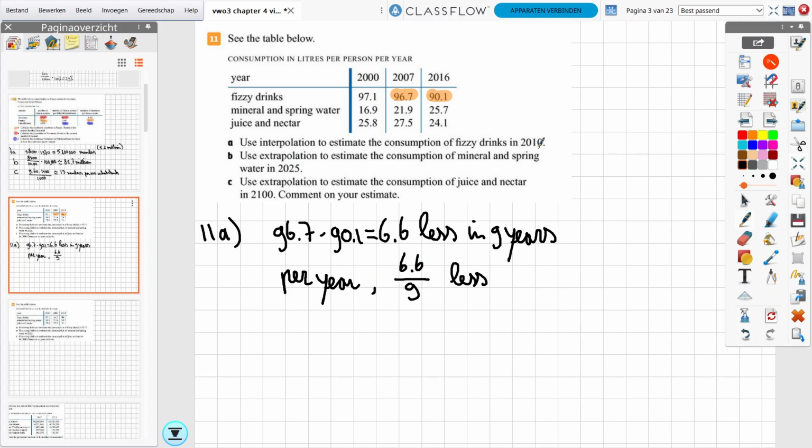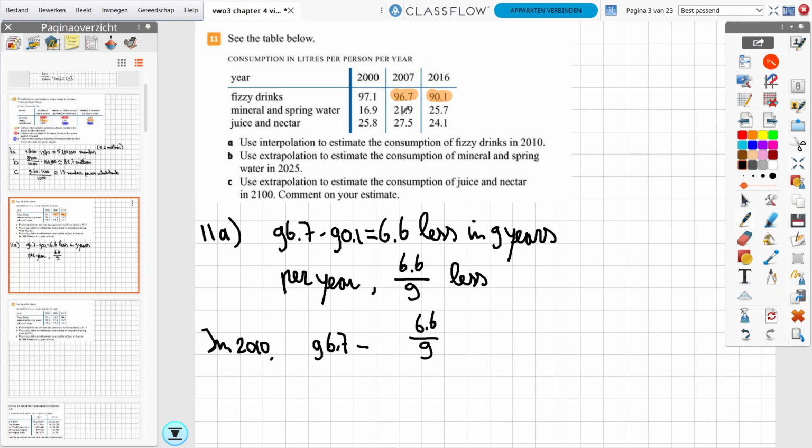Okay, we want to know 2010. 2010 is 3 years from 2007. So in 2010, you will have your starting point, 96.7, and we have a reduction here, so minus what? If it was just 1 year, I would have 6.6 over 9. But I don't have 1 year.